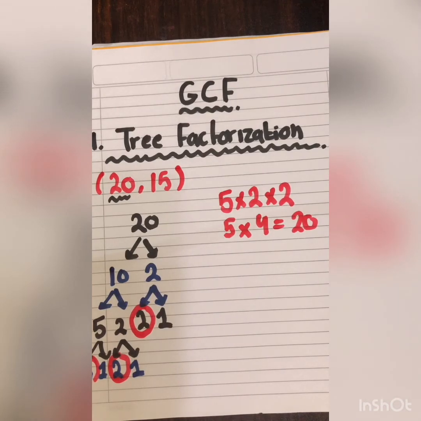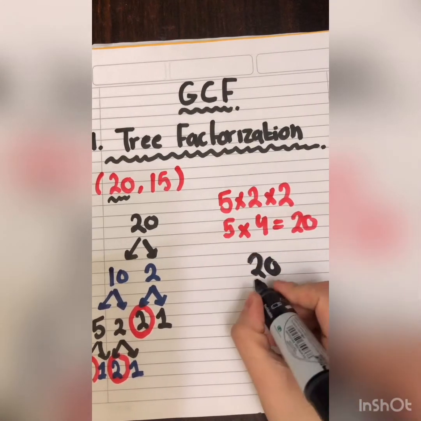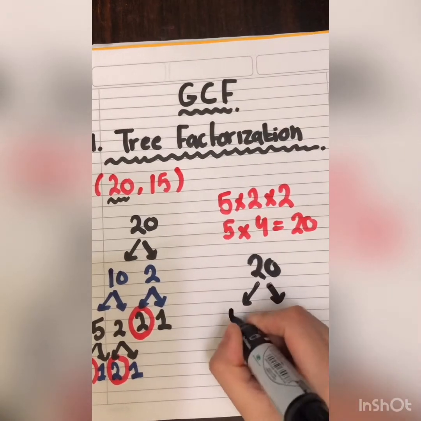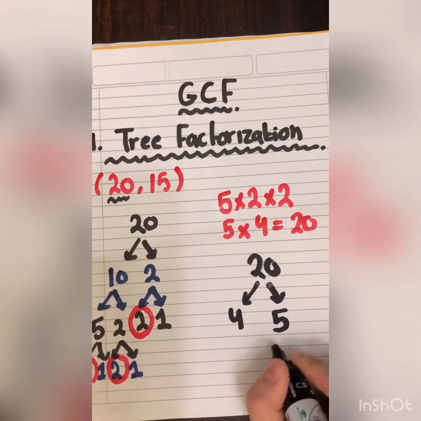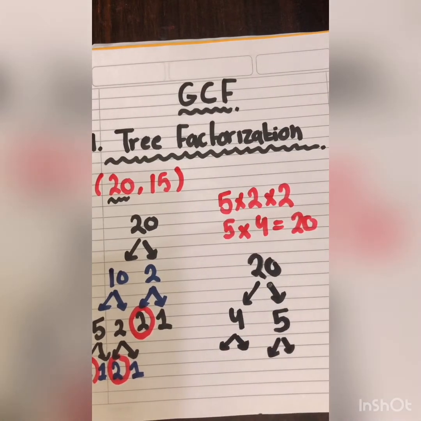Now let me show you that even if you chose the 4 and the 5, you are going to get the same answer. So let's write down here 20, and I'm going to multiply 4 by 5. I'm going to draw two arrows here and two arrows here.